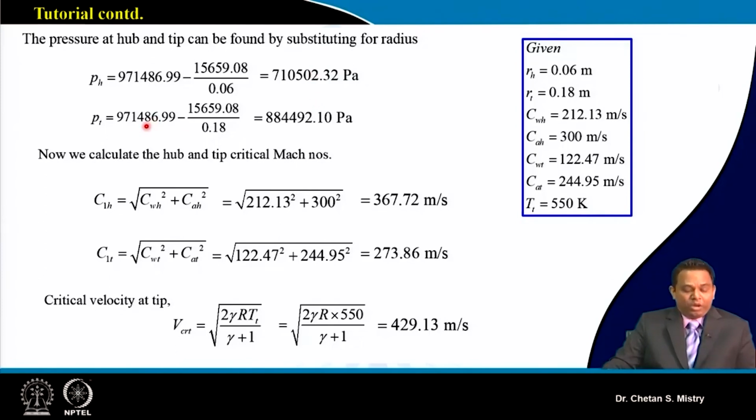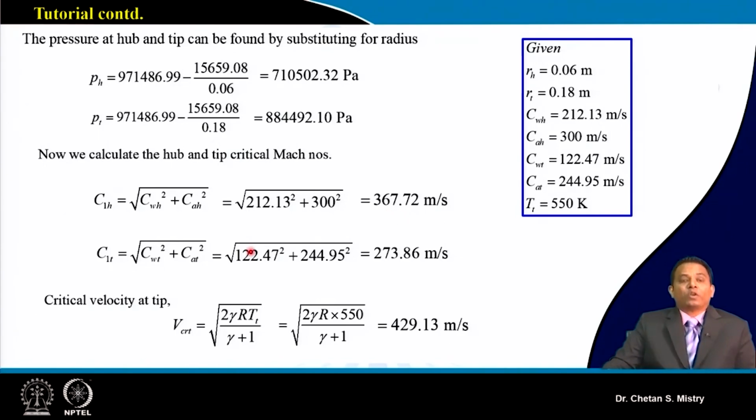Now in order to calculate your critical velocity, we must know all the velocity components. So here, if you are looking for the absolute velocity at the hub, we can write that as the square root of Cw square plus Ca square, and that gives my absolute velocity as 367.72 meter per second.